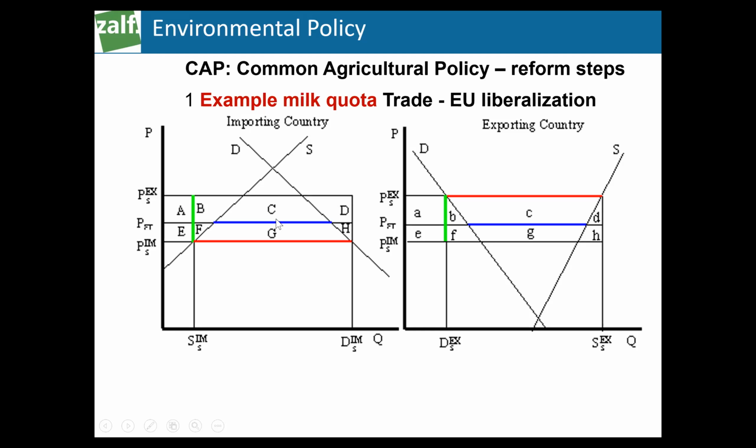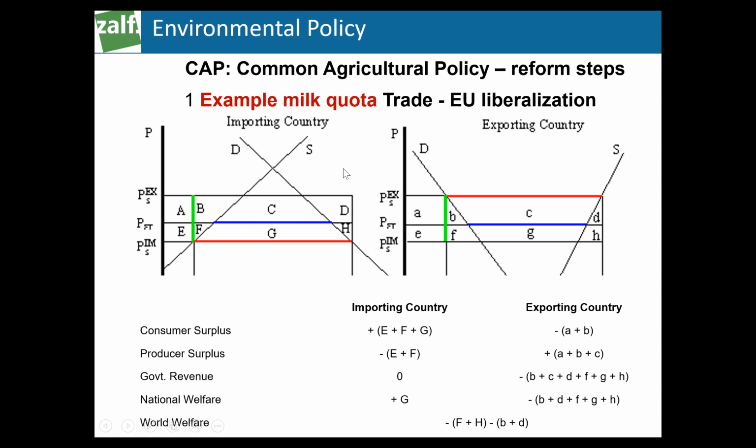Okay? And if you look at the traditional welfare analysis in this sense, you have a certain consumer surplus from importing to exporting country. The importing country has E, F, and G, that is plus, and the exporting country has minus A and B. Now it's seen as a reverse effect.